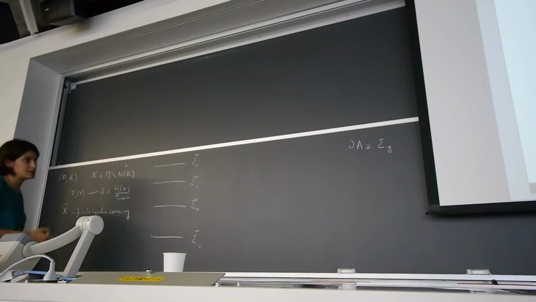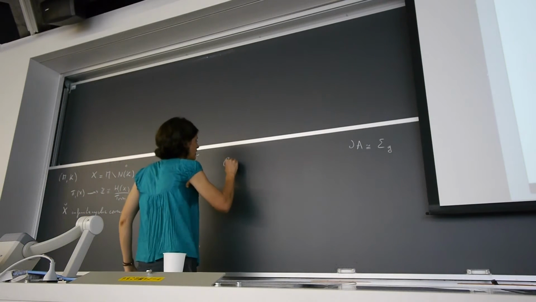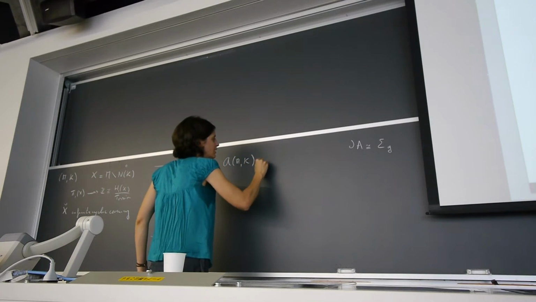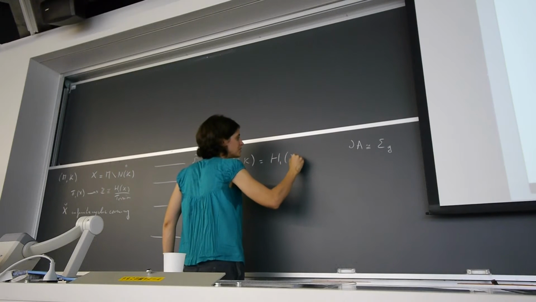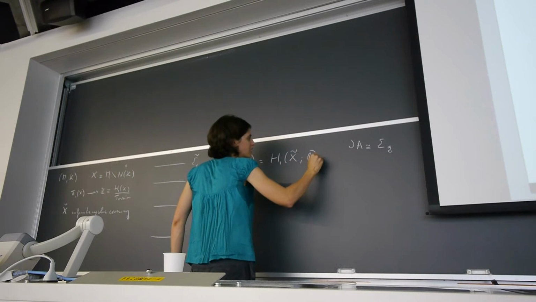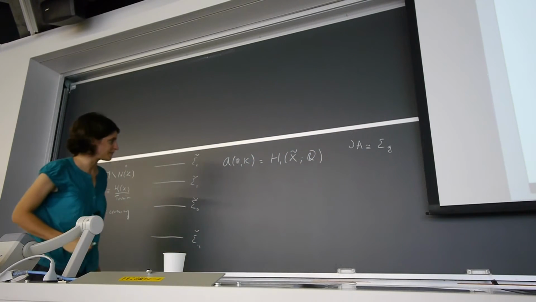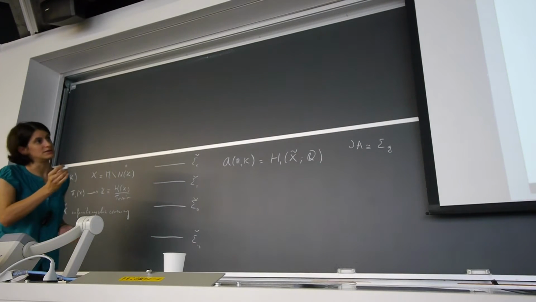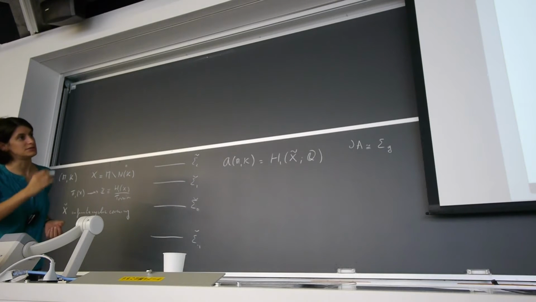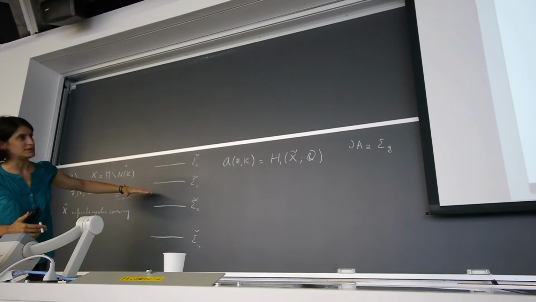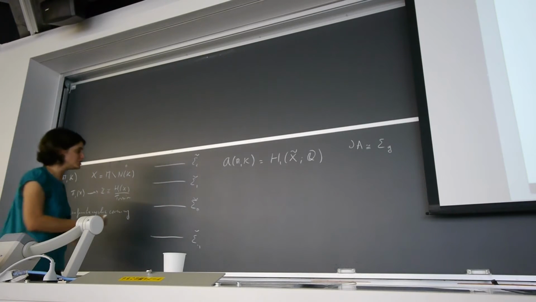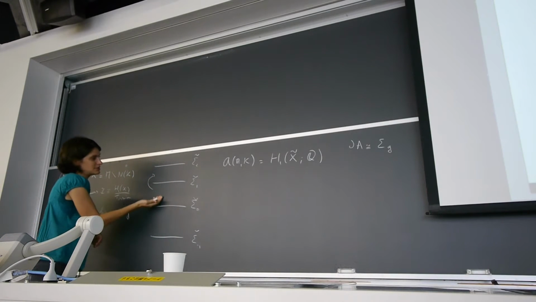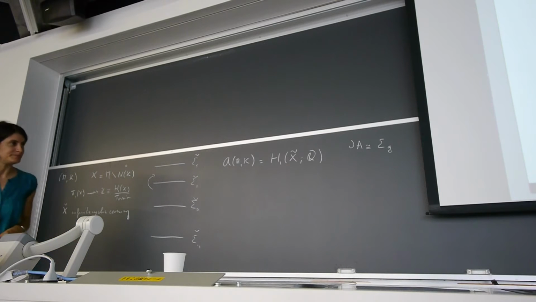And the Alexander module of the pair is the first homology group. Here I consider it with rational coefficients, viewed as a Q[t, t^-1]-module, where the structure of Q[t, t^-1]-module is defined by saying that multiplication by t is the action on homology of the automorphism which goes from one copy to the next.